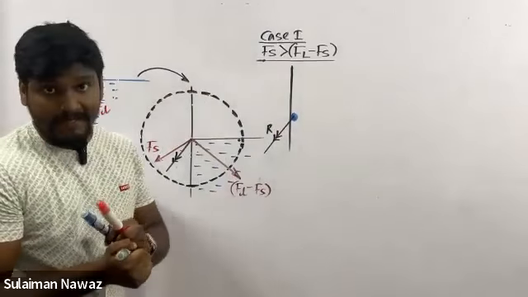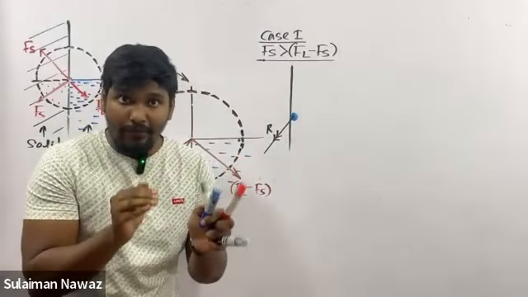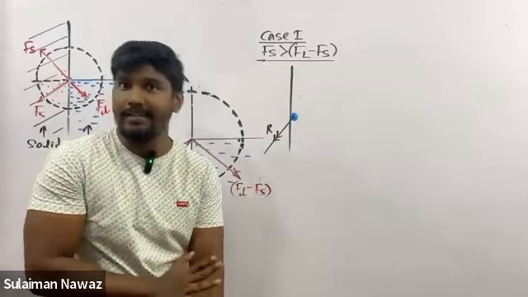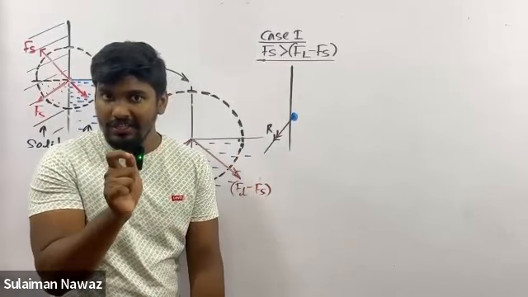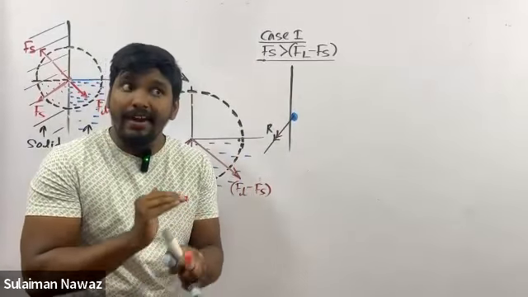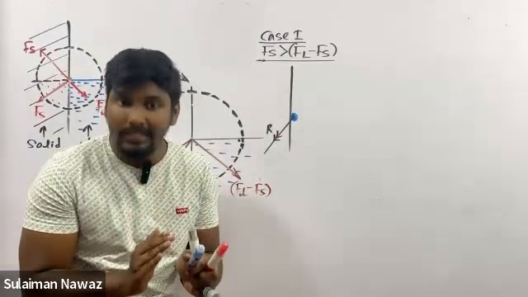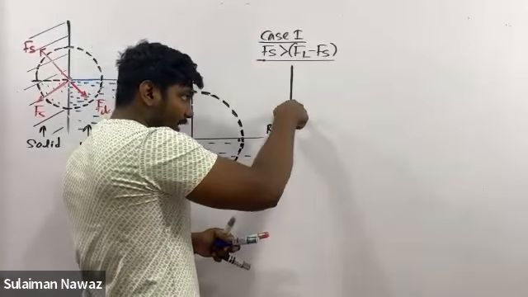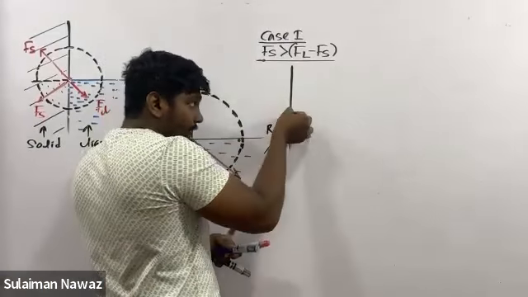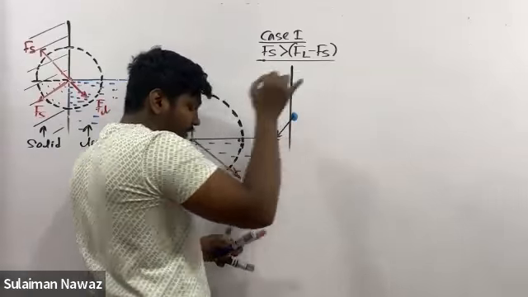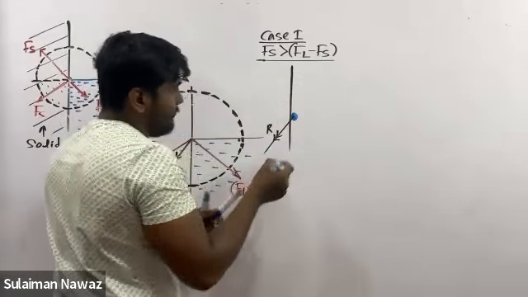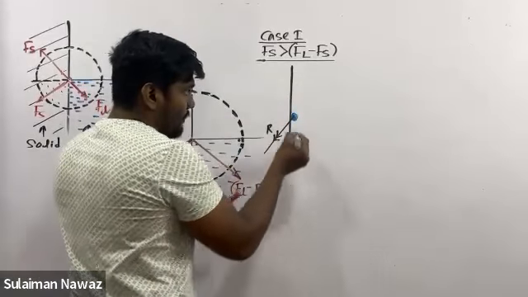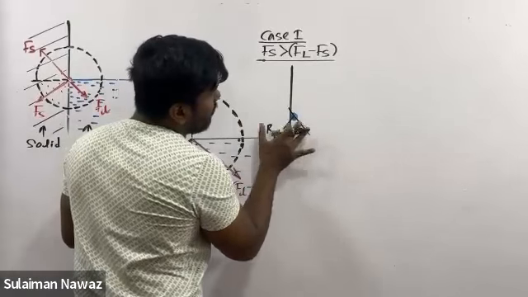Next important thing, always understand: the liquid surface must be arranged perpendicular to the resultant force acting on the liquid particle. This is the direction of the resultant force acting on the liquid particle, then the liquid surface must be arranged perpendicular to it.